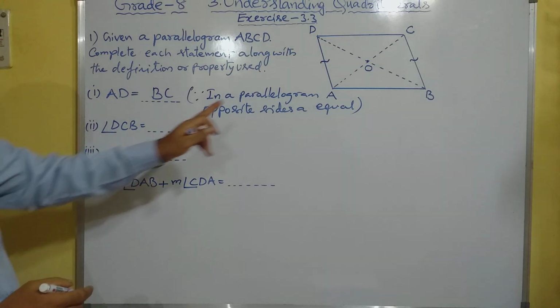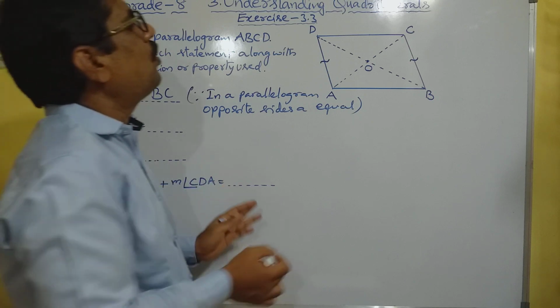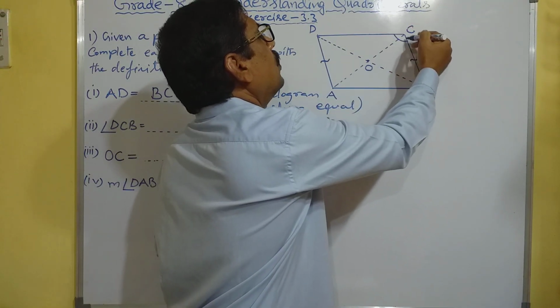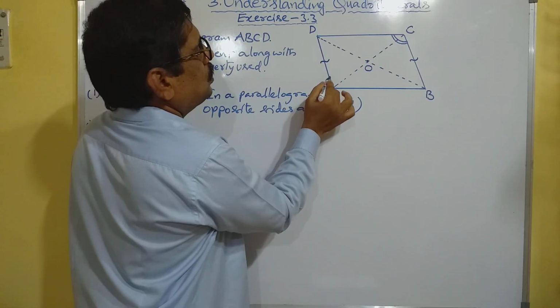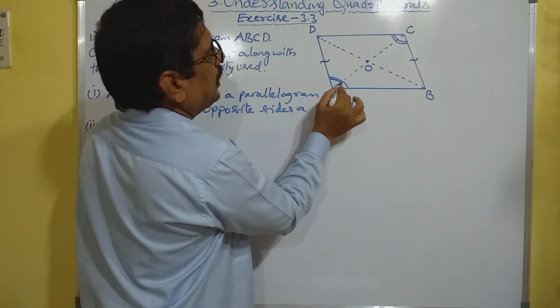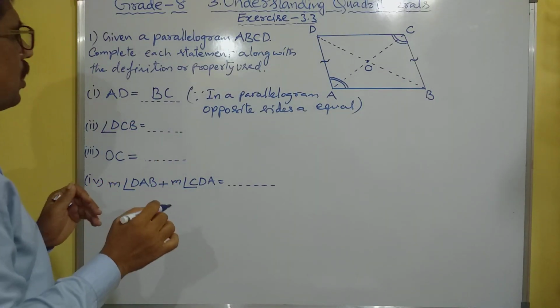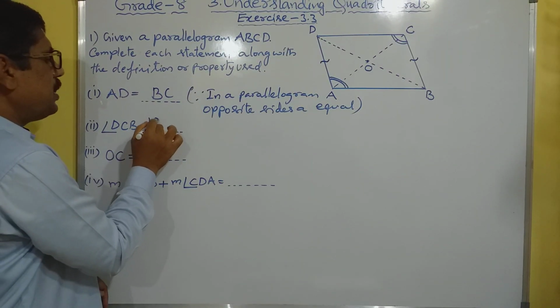Now look at the diagram again. Now angle DCB, where is angle DCB located? DCB, this is the angle. So this angle will be equal to this angle. Why? Again recall the properties of a parallelogram. DCB is equal to angle DAB.